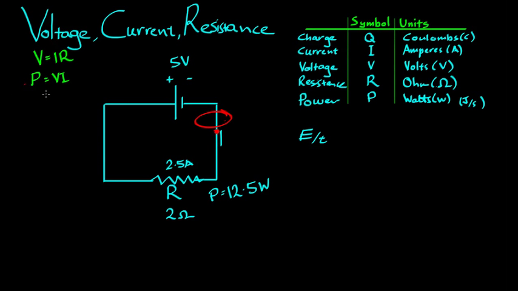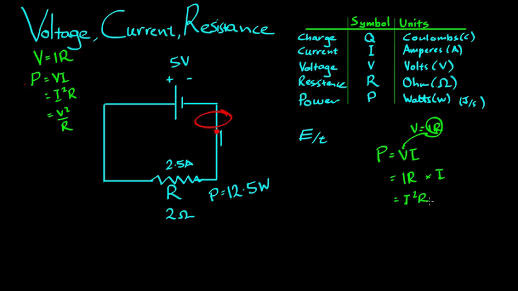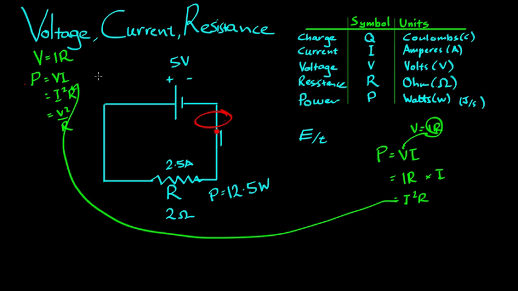That's not the only formula for power. We have VI, we also have I squared R, and we have V squared on R. The reason for this, we start with P equals VI. And we also know from here, V equals IR. So if we get V by itself here and we sub that in down here, we have P equals IR times I. That's I squared R. And that explains that formula there.